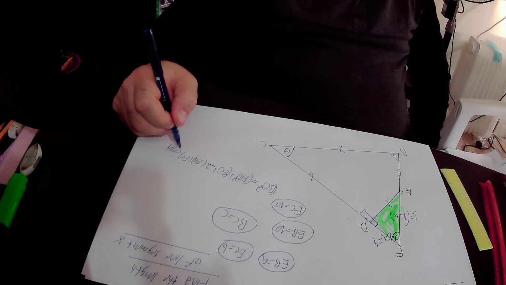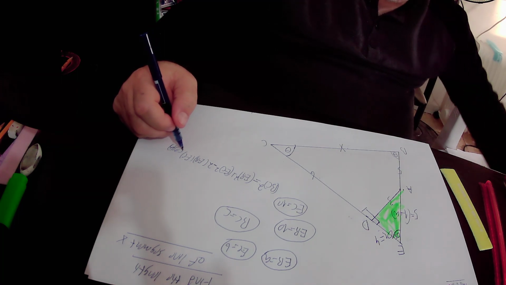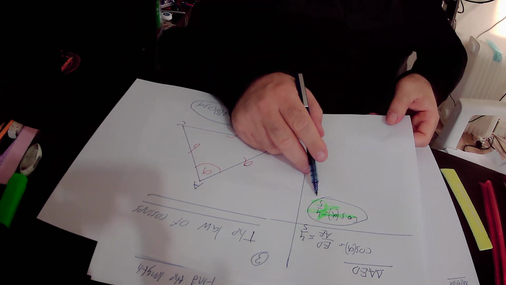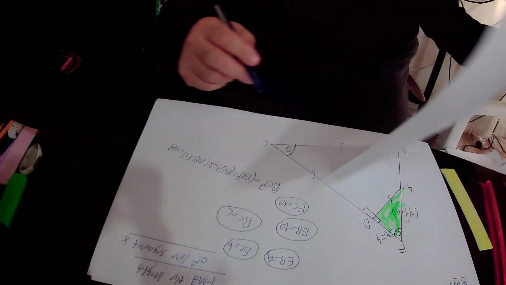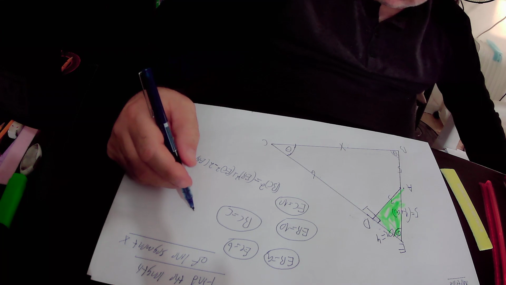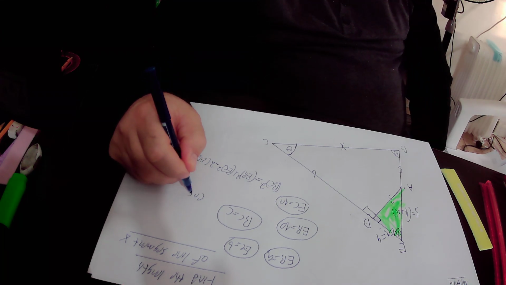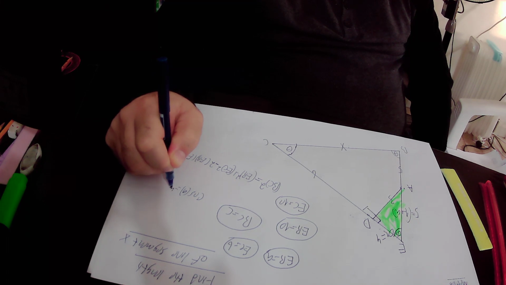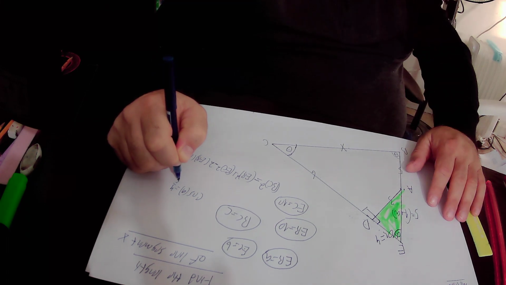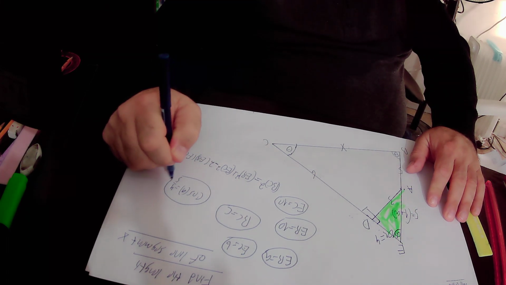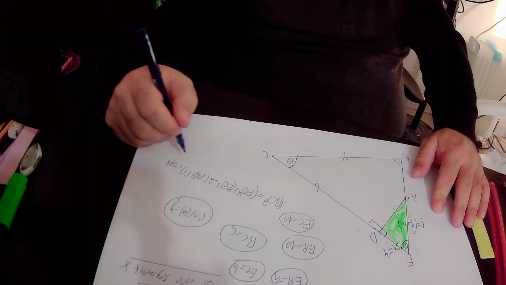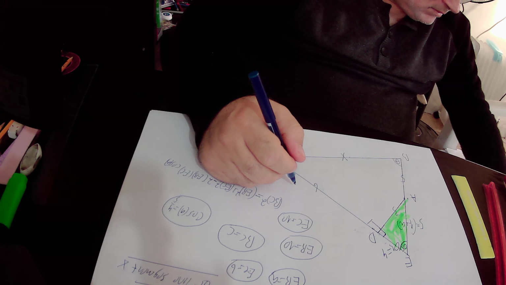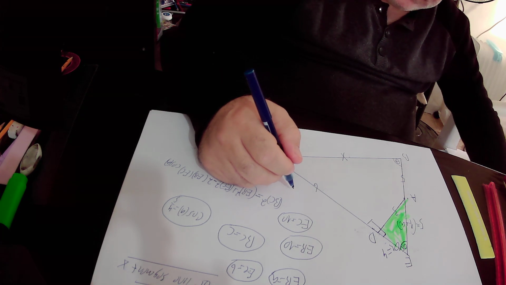So here we have already found out that cosine alpha equals 4 over 5, so I'll write it down. Cosine alpha equals 4 over 5. This will be equation number 3.